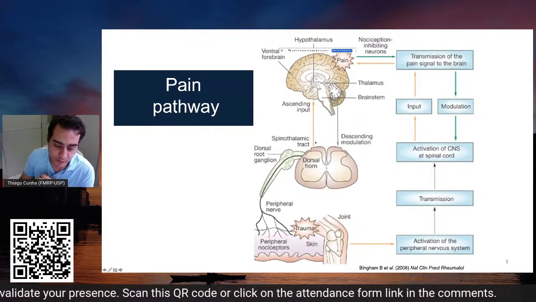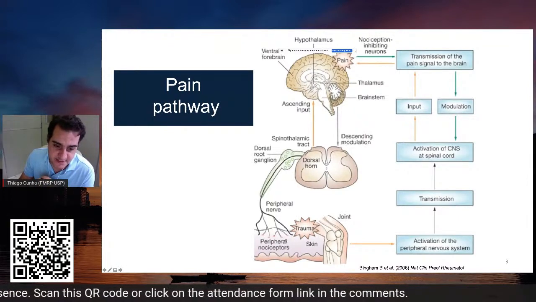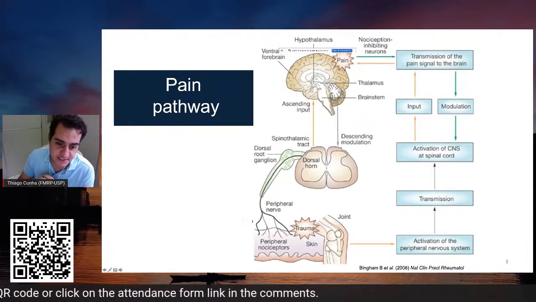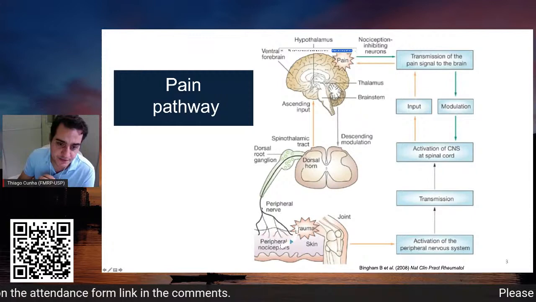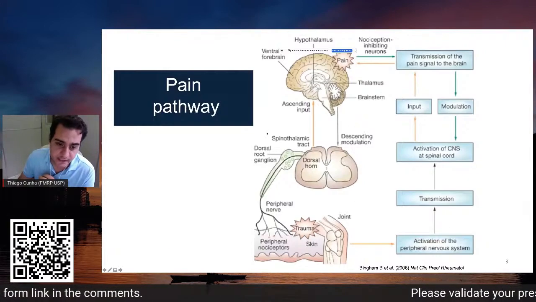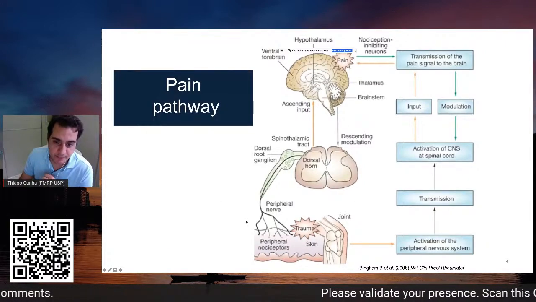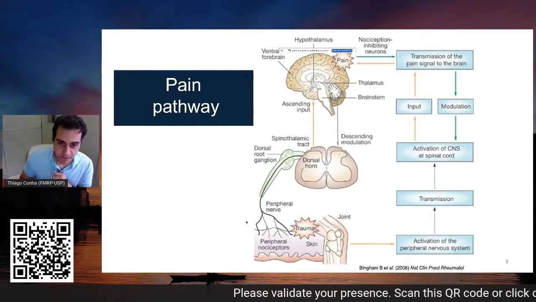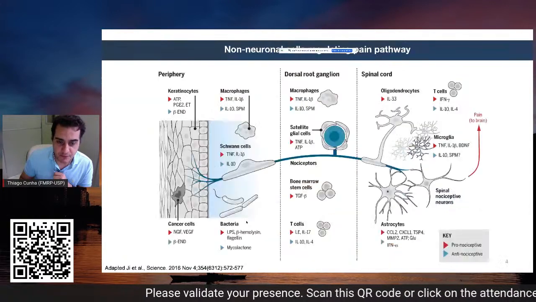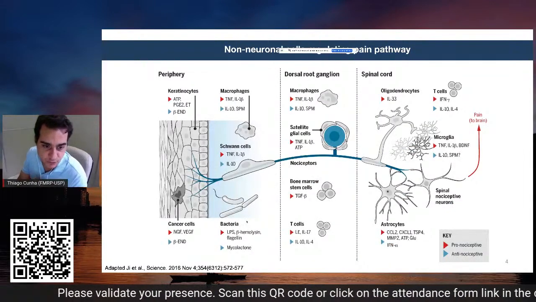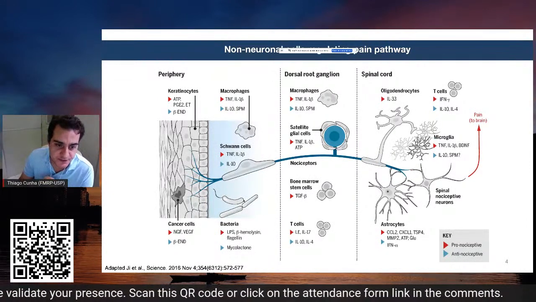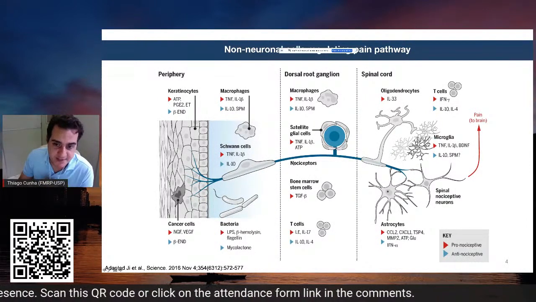There is a sensitization, a plasticity occurring in this pathway that can lead to pathological pain conditions.